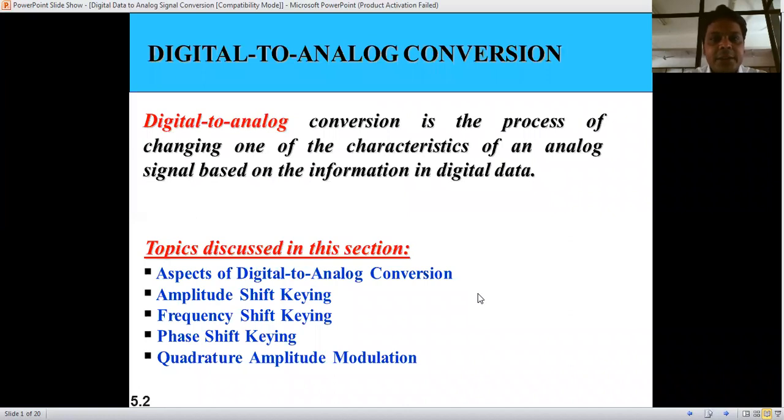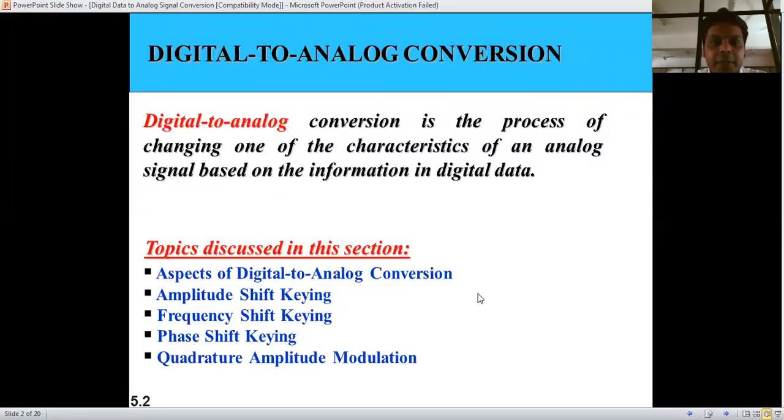In digital to digital transmission, we have seen how digital data is converted to a digital signal, and analog data is converted into a digital signal. Digital to analog conversion is the process of changing one of the characteristics of an analog signal based on the information given in the digital data.